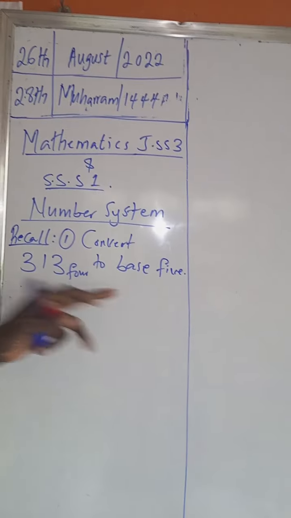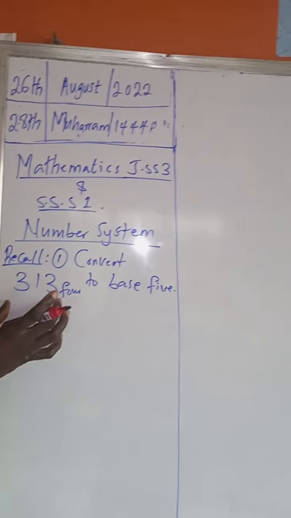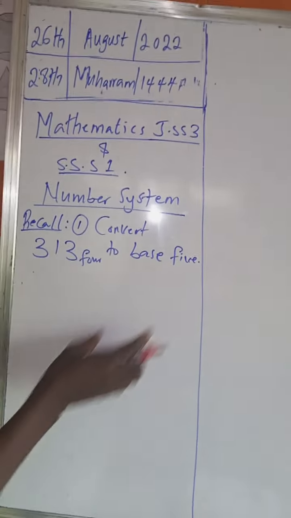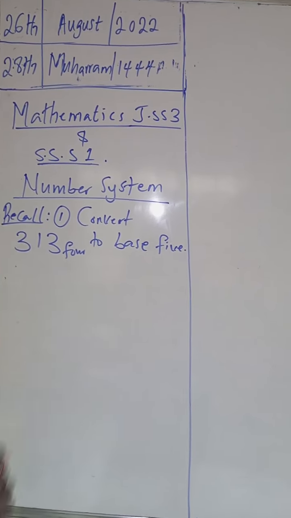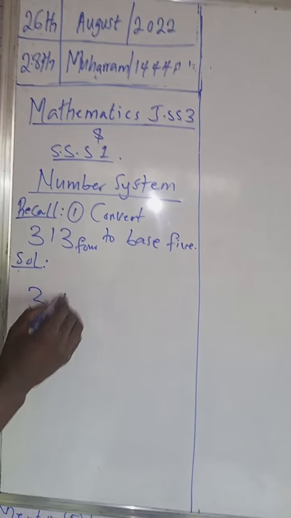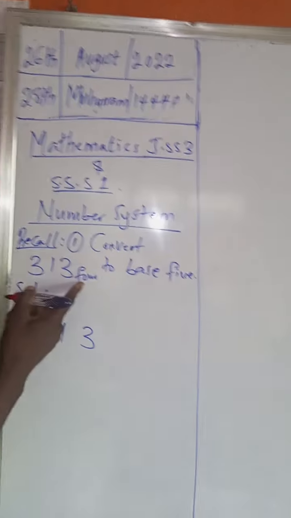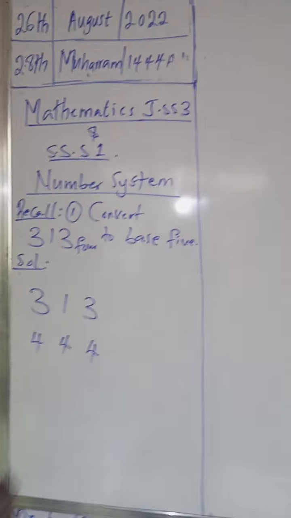We all know that we are going to convert this first to base 10, and from base 10 we go to base 5. It's just like a recall. So solution, we are going to have 313, base 4. I'll write the 4 under each of them.